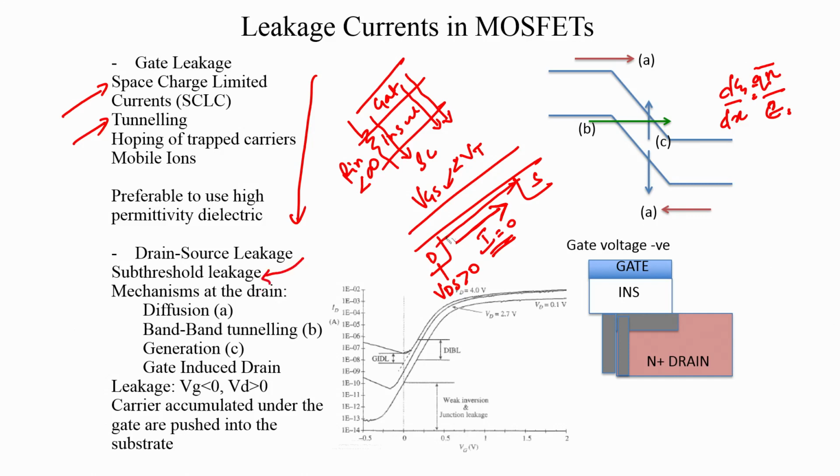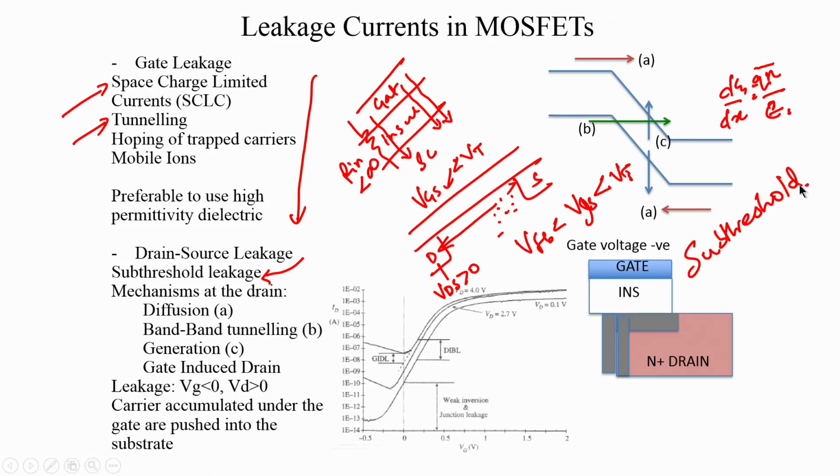So, we have already seen that when VGS lies in this region, VFB less than VGS less than VT, we have a few carriers injected near the source side, and these carriers diffuse over to the drain side, and we have something called the subthreshold conduction, and we looked at this in some detail and we defined the subthreshold slope, etc. So, that becomes one of the leakage mechanisms. Okay. You do have subthreshold currents.